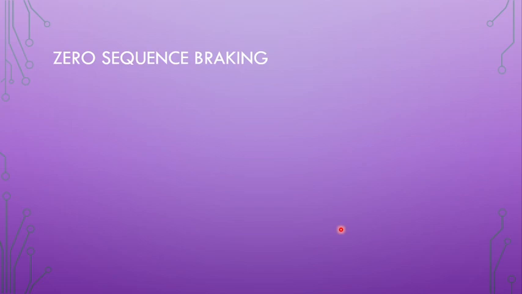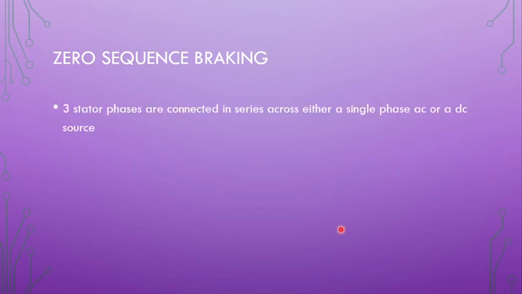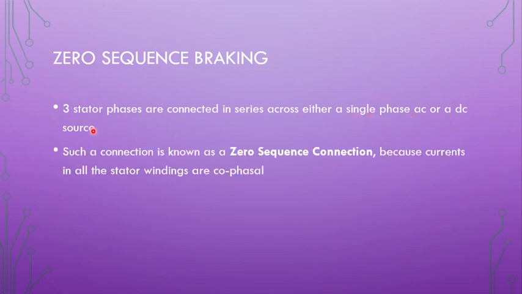The last type of braking we have is zero sequence braking. Step 1: all three stator phases are connected in series and connected either to a single phase AC or to a DC source.